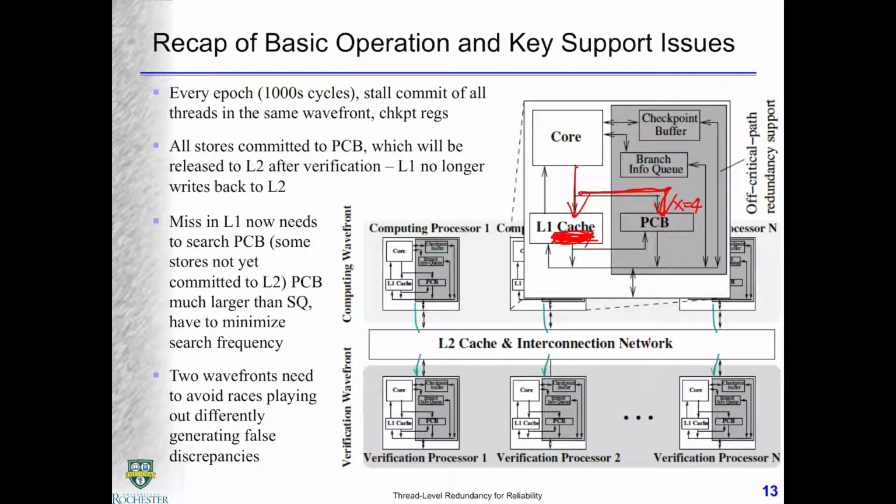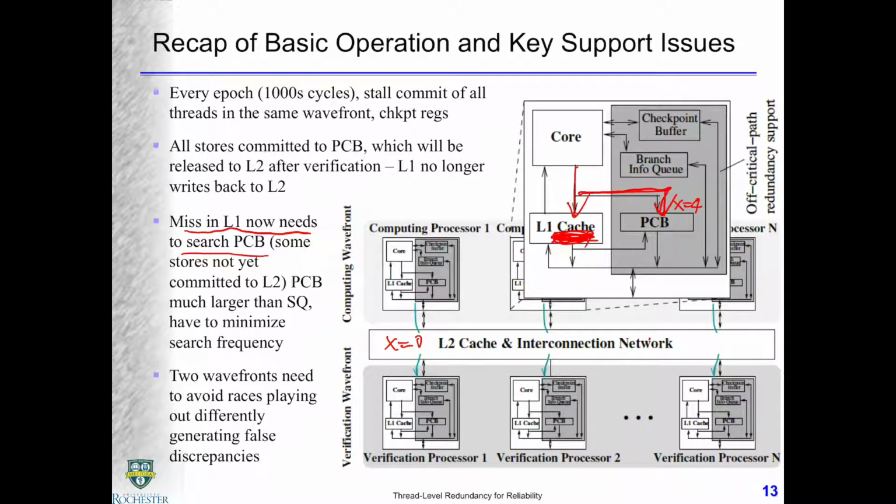So now I have an L1 miss. What do I do? I go to L2. L2 doesn't have X. L2's X is still old because we haven't validated the epoch yet, so it's being buffered. So you see, you cannot go to L2 directly when you have a miss. Every miss in L1 now needs to search the PCB.